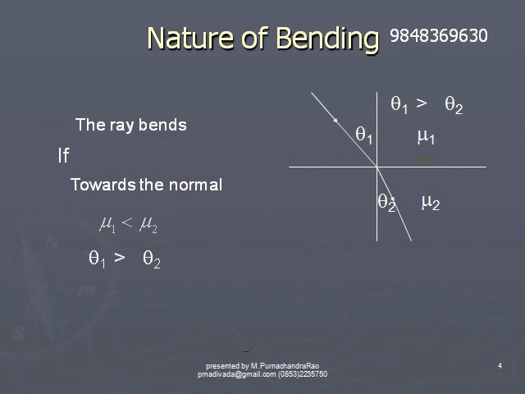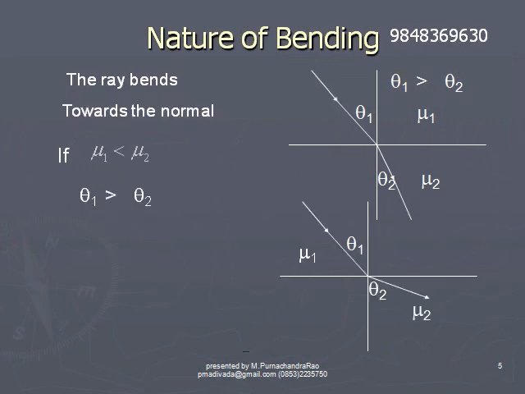Then we notice that the angle of incidence theta 1 is greater than the angle of refraction theta 2. So if a ray travels from a rarer medium to a denser medium, it bends towards the normal.